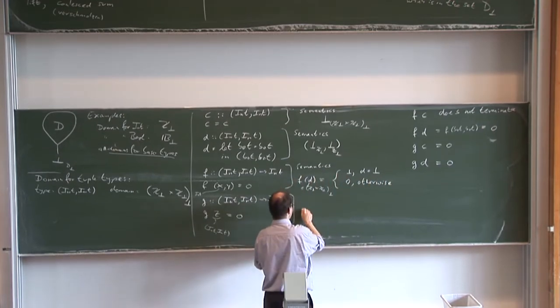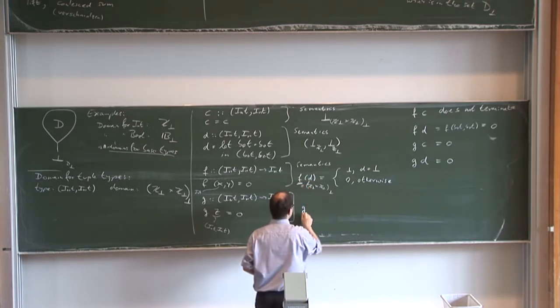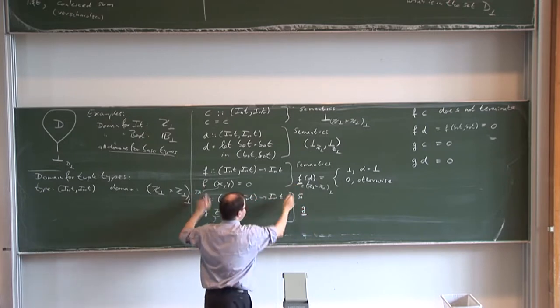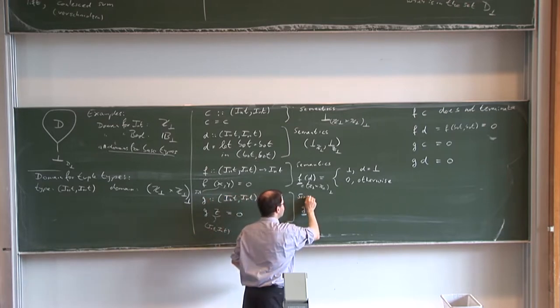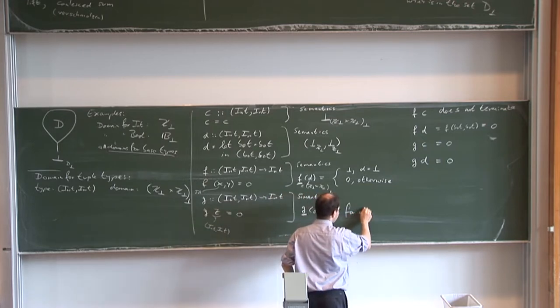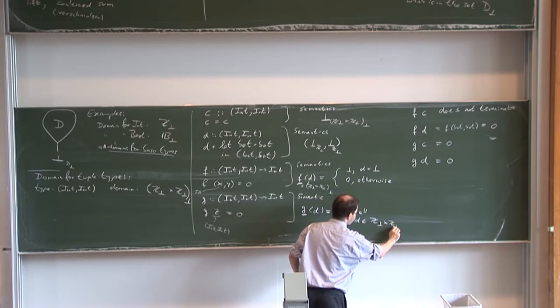Whereas the semantics of G, I underline this, this is the semantic function. So the semantics of Haskell F is underlined F, and the semantics of Haskell G is underlined G. So here the semantics is always 0 for all D from Z bottom cross Z bottom lifted.